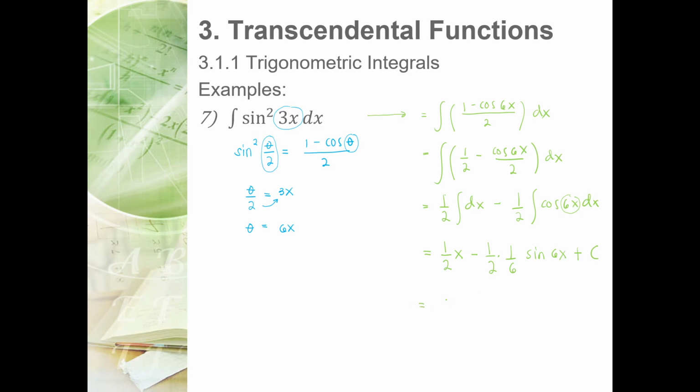So the final answer would be 1 half x minus 1 over 12 sine 6x plus c. And that would be the answer. All right, questions?